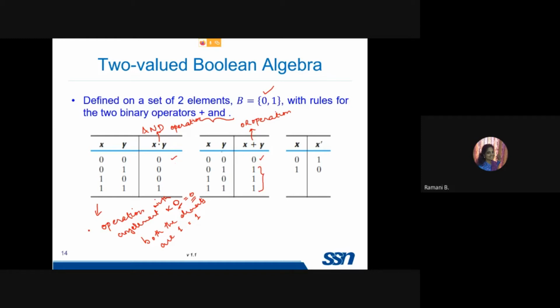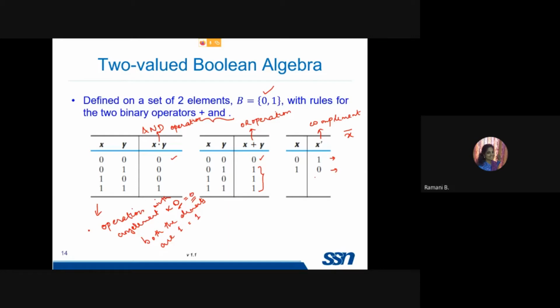And this x bar is called the complement. With respect to this complement, if I have 0, the complement operation will make it 1. And if I have 1, the complement operation will make it 0. You can also denote this complement operation as a bar symbol over the variable.